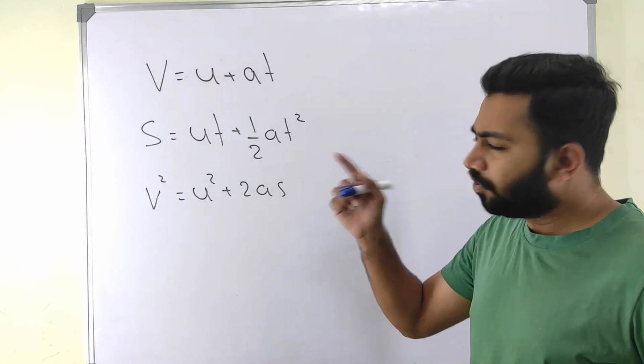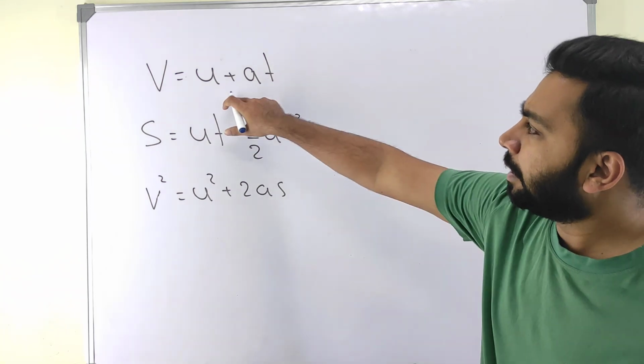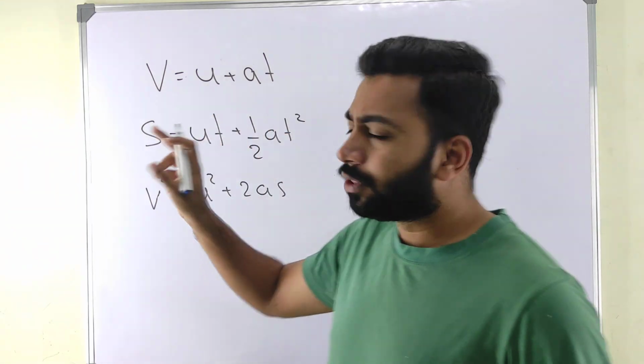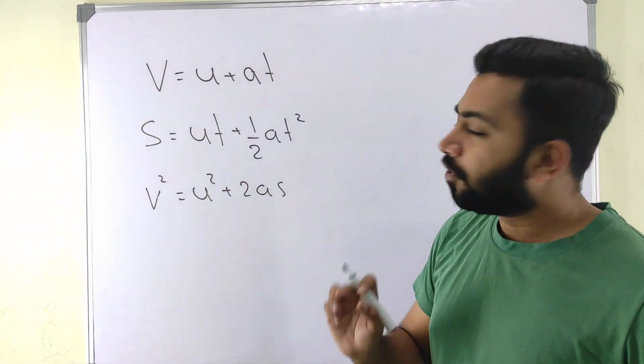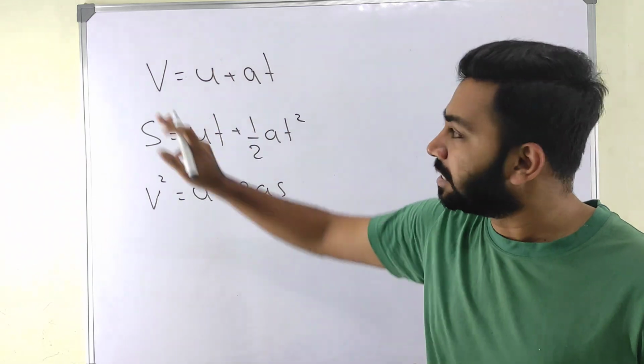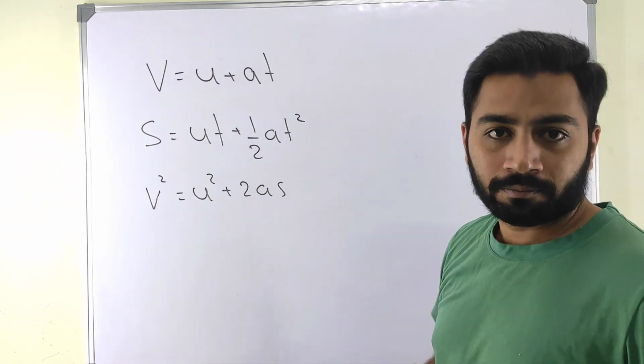We will discuss it. If you focus clearly, in this first one, we have only a few things: v, u, a, t. For your reference, u is our initial velocity, v is our final velocity, a is acceleration and t is time.